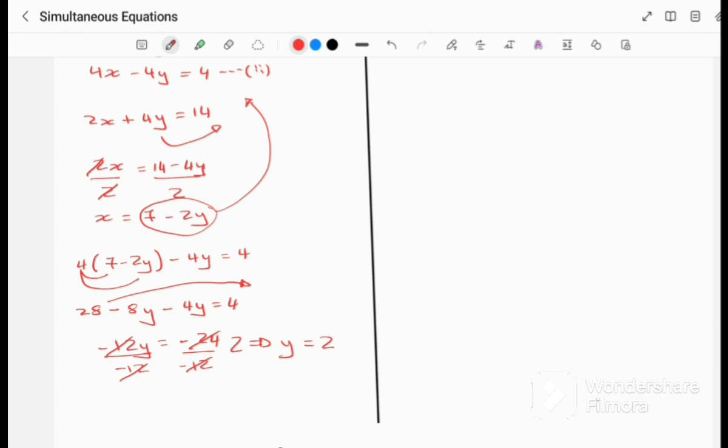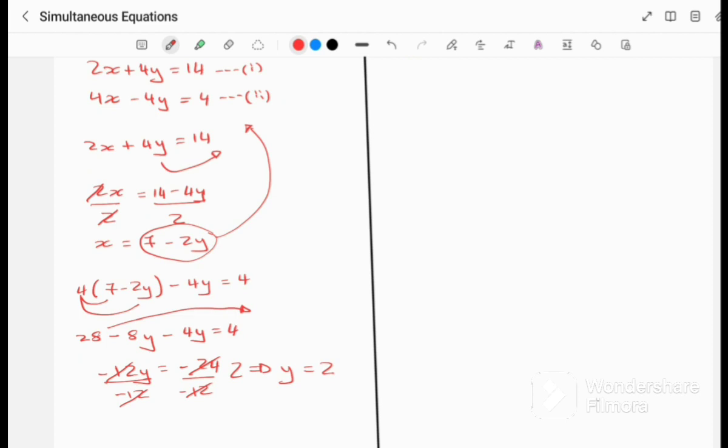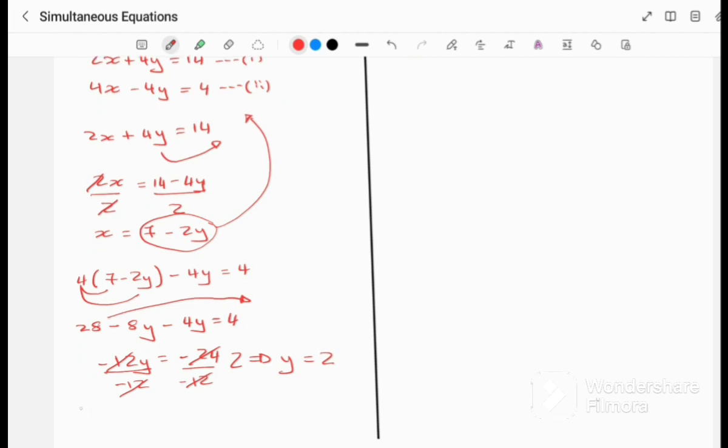Now that we already have y, we can use that value of y to find x. And we can plug this y value in either one of these equations, 1 or 2. Let's go ahead and plug it in equation 1. So the equation is 2x plus 4y is equal to 14.